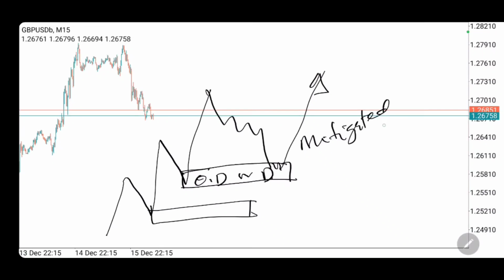That is for a buy scenario, and for a sell scenario you have something like this. Price forms lower lows and lower highs, and this forms a supply zone, and price now comes to this zone to sell from the zone. So this supply zone, or order block as it's called by some traders, has been mitigated. But now what are breaker blocks?